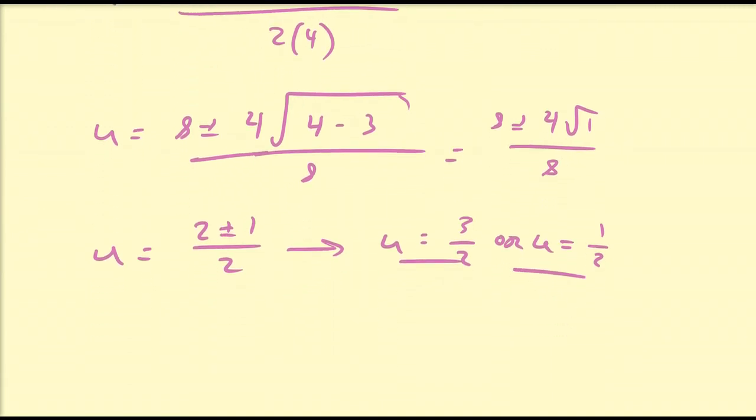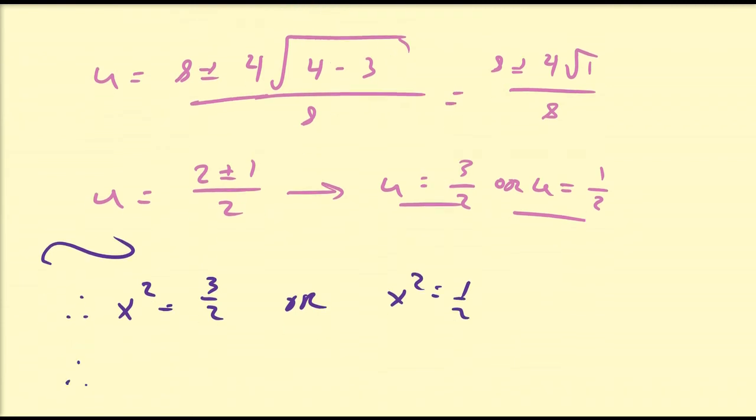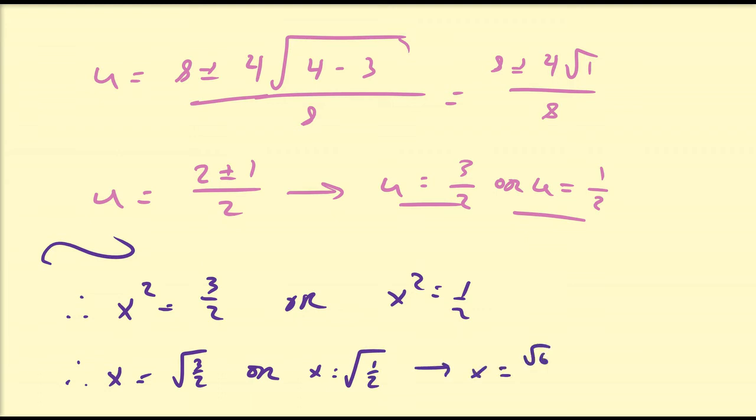So replacing back in terms of x, x squared is equal to 3 halves, or x squared is equal to 1 half. So x is equal to the square root of 3 halves, or x is equal to the square root of 1 half, which implies x is equal to the square root of 6 over 2, or x is equal to the square root of 2 over 2, right?